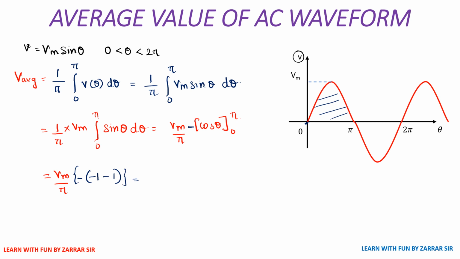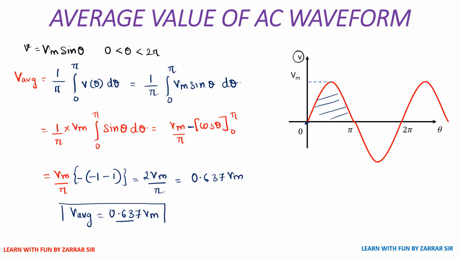The answer turns out to be 2 Vm by pi. The final value, if you solve this, you'll get 0.637 Vm. So this is my average value of an AC waveform, 0.637 Vm. This is the first problem.